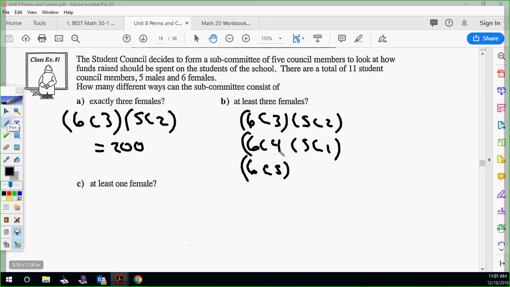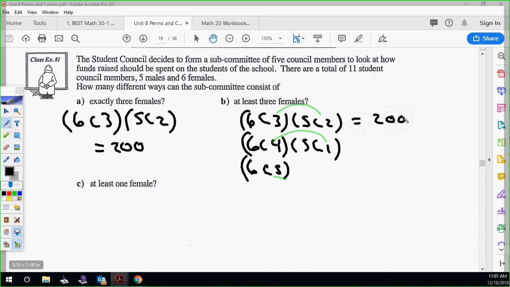So 6C4. A couple things to pay attention to. We know the subcommittee consists of 5 people, right? So then we have 3 plus 2, 4 plus 1, and we have the 5. All those always add to 5 because our combination is 5. So then we have simply 200.